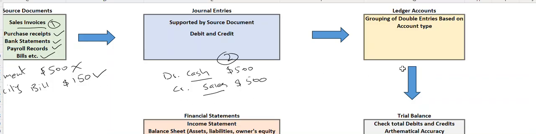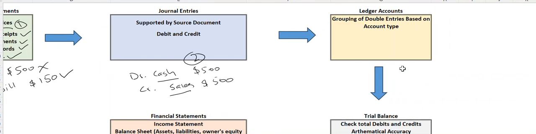And then moving towards the ledger accounts. So what exactly is a ledger account? Before diving in deeply, let's say ledger accounts are a group of accounts for which you have made transactions.